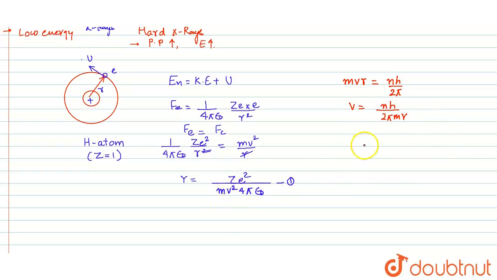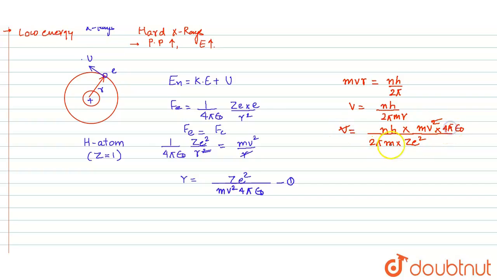This will be n h divided by 2 pi m into, in place of r, Z e square divided by m v square into 4 pi epsilon naught. Now from here you can calculate the value of v very easily. You can see that this will simply cancel out.